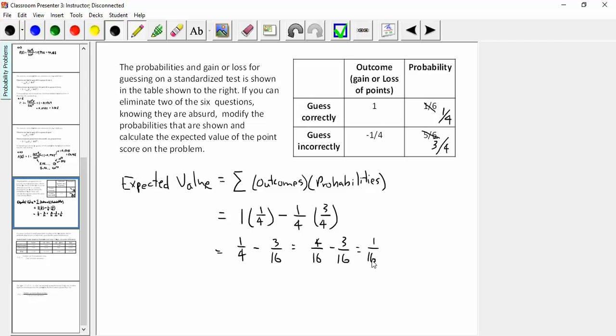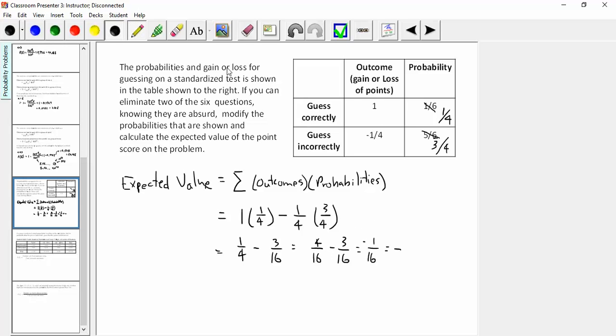Gives 1/16, and I happen to know that fraction. Whoopsie, this was supposed to be a negative 1/16. Whoopsie, it says positive. What did I do wrong? Oh, I changed my problem is what I did.